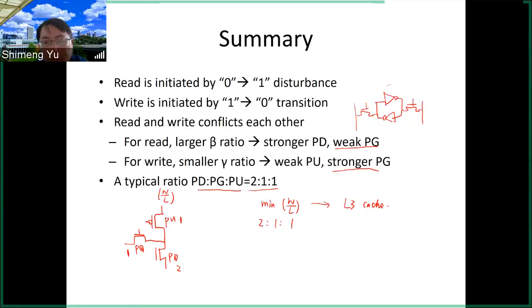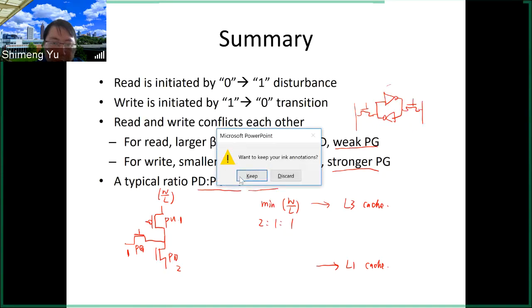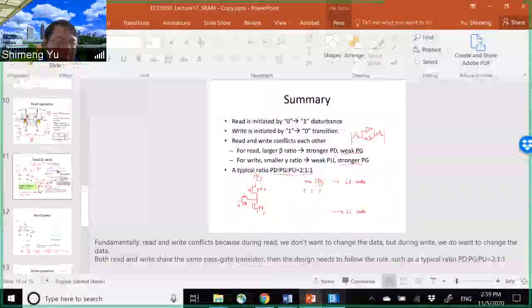But if you want to design L1 cache, what can you do here? You still need to satisfy this relative strength of the PD, PG, PU. But for L1 cache, what you care about is the speed, because L1 is closer to the processor. You want it to be fast. And we discussed earlier the read speed.